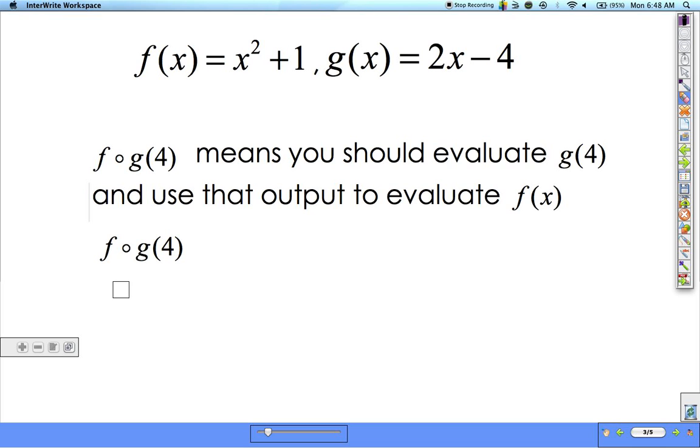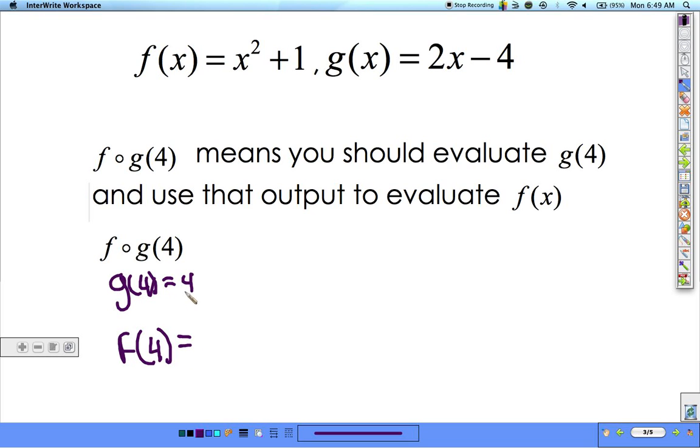Okay, so first I've already determined that g of 4 equals 4. And now we have to evaluate f of g of 4. So now it's f of 4.